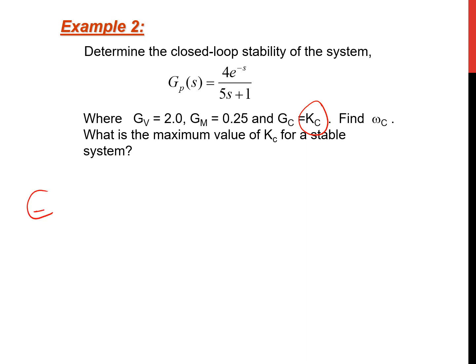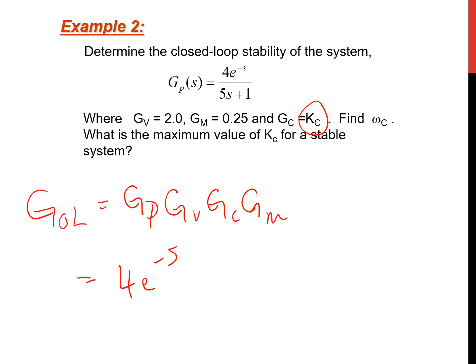So you can develop the GOL, GP, GV, GC, GM. So this means we have 4 exponent negative S over 5S plus 1 multiply with the 2, 0.25 multiply with the KC.